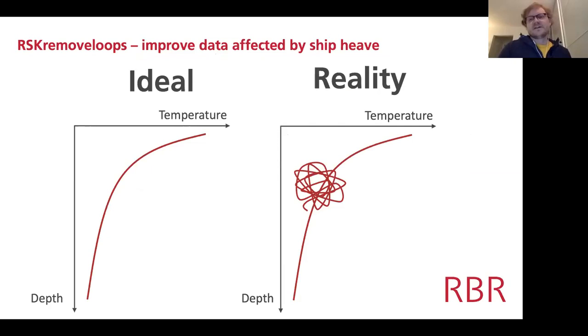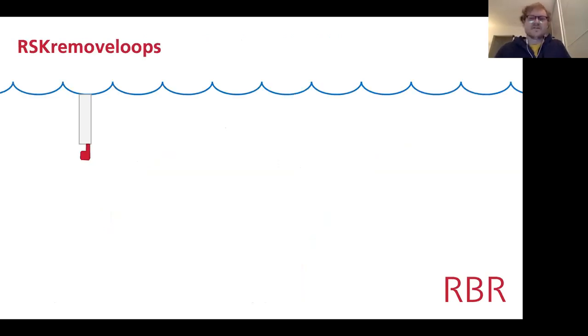But if there's a lot of variability in the descent rate of the CTD because of waves, that will impact your profile heavily. So we have an algorithm that helps to find the data that was impacted by variable descent rates, which is mostly a ship heave issue.